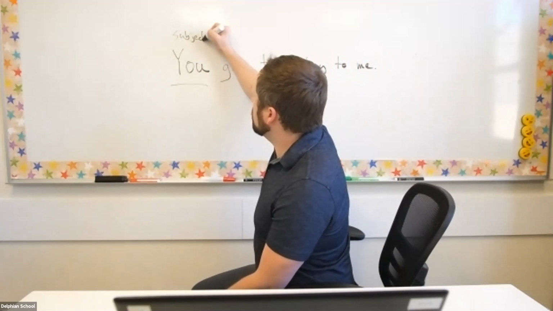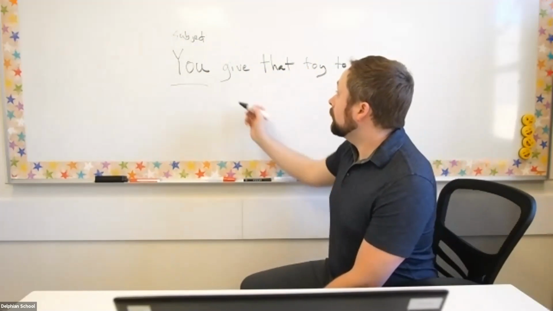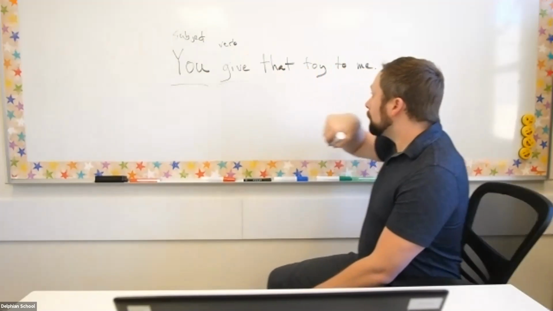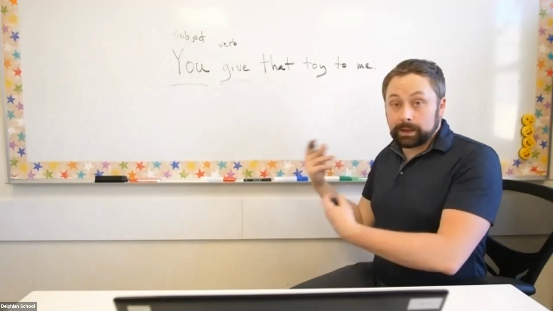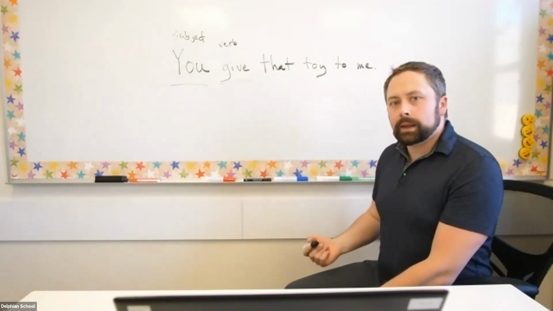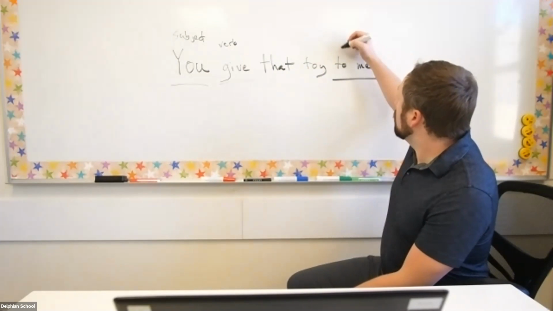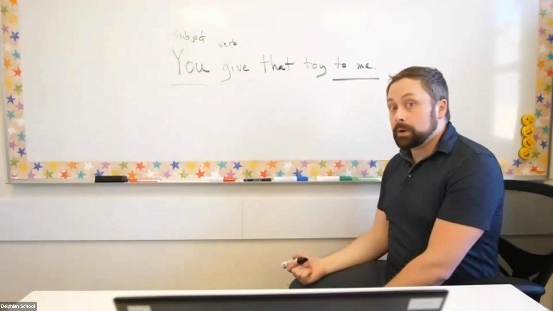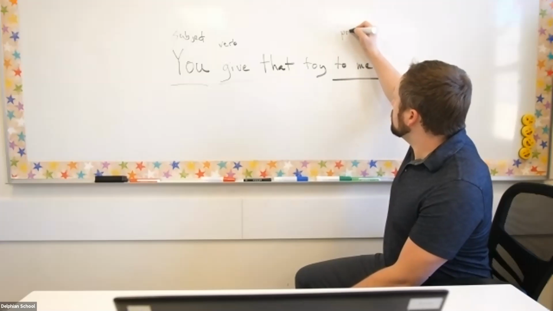It's what the sentence is about, and it's what's going to be doing the action of the sentence. Give is the verb. And then that toy is what is being given. But who's it being given to? Who do you want them to give it to? To me. To is a preposition. Me is a pronoun after the preposition. So together, to me is a prepositional phrase.